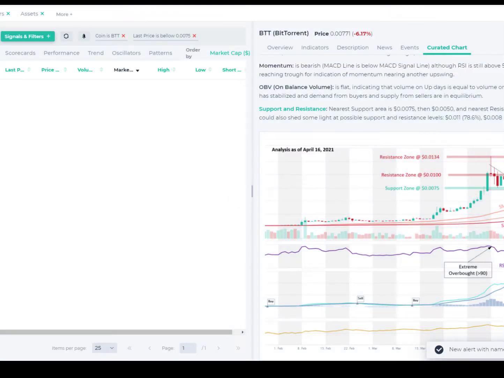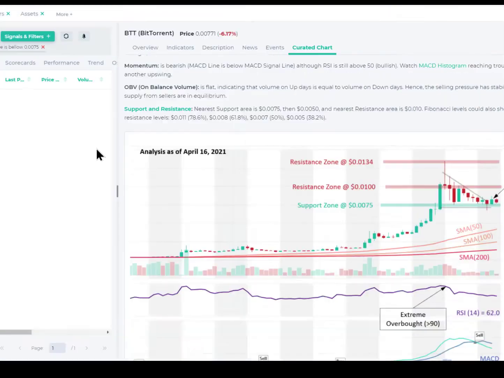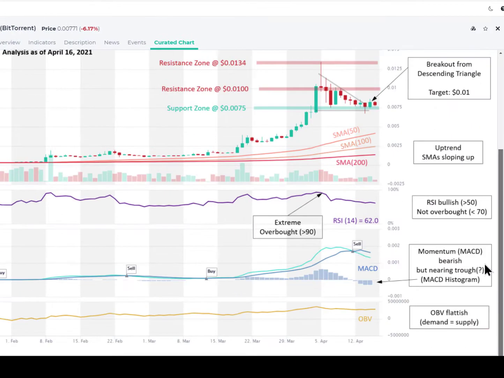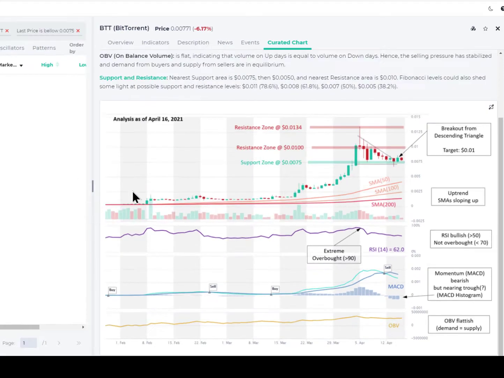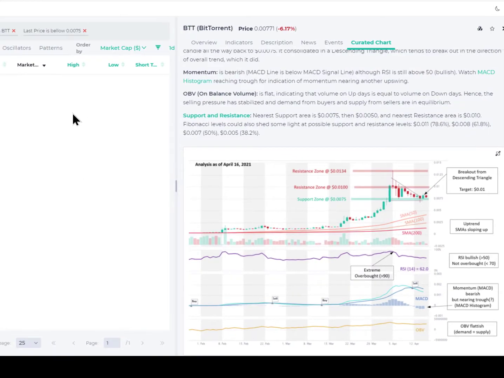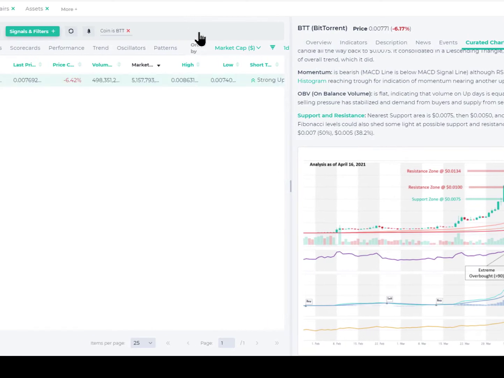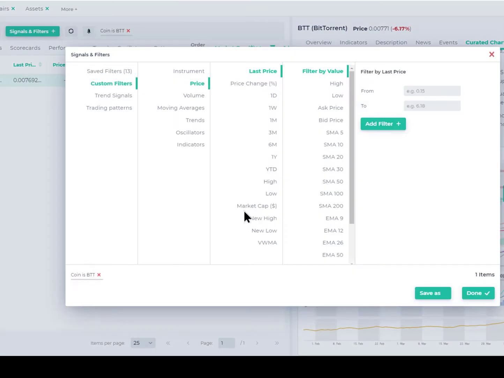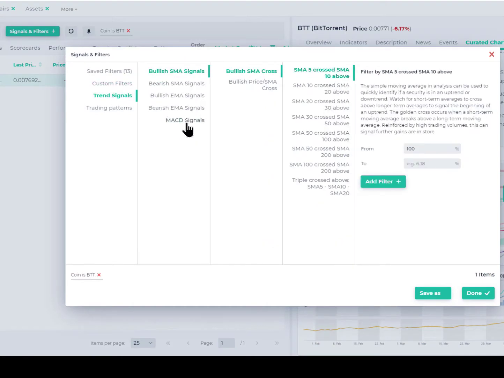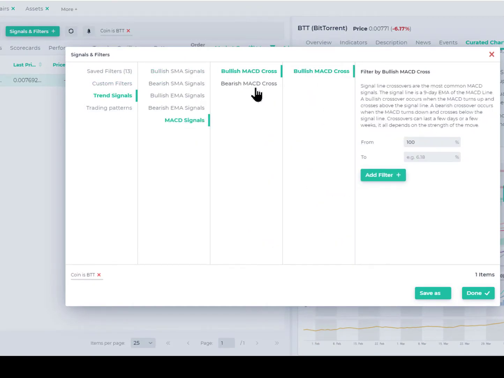The other alert I want to create is for the MACD. In this case, MACD is bearish. There's a bearish crossover indicated by the sell flag here. But I want to be notified when that MACD crossover turns bullish, meaning a buy. So again, I modify the filter here. I still have BTT as an instrument, but now I'm going to add the MACD bullish signal, and I already have it pre-filled.